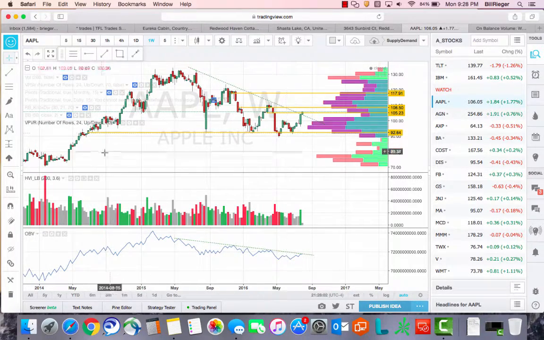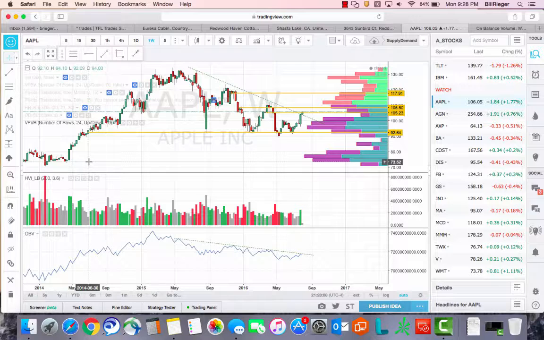What's very interesting to me is you see this low volume here from the week of, it looks like, June 30th in 2014, just a little over 2 years ago. But if you look at the volume profile analysis tool, there's lots of volume there, going back to the end of 2013.